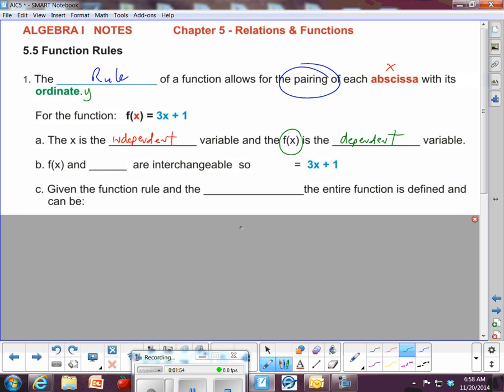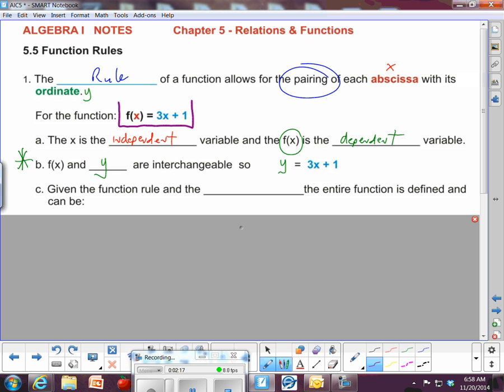So then that brings us to an important aspect right here, and I'm going to put an asterisk here at little b. f of x and y are interchangeable. So then y equals 3x plus 1. Look at these two.